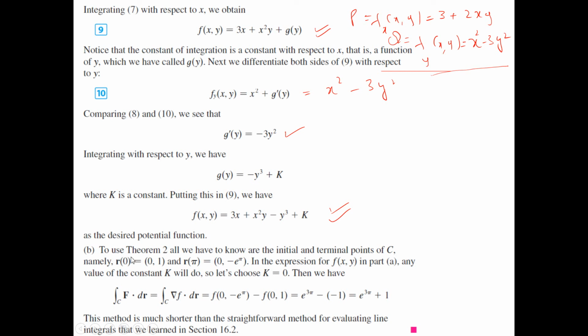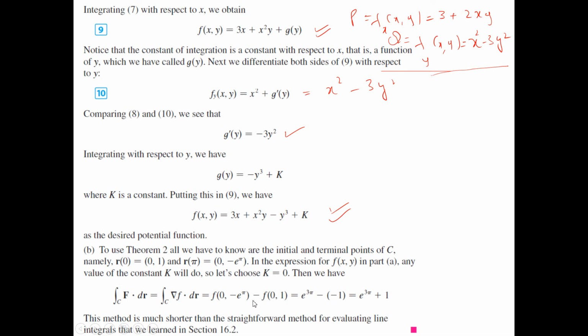To use theorem number 2, all we have to know are the initial and terminal points of C, namely r0 and r pi. The line integral of F dot dr along the path C is equal to the line integral of del f dot dr, since this field is conservative. That is why we can use the fundamental theorem of line integrals.